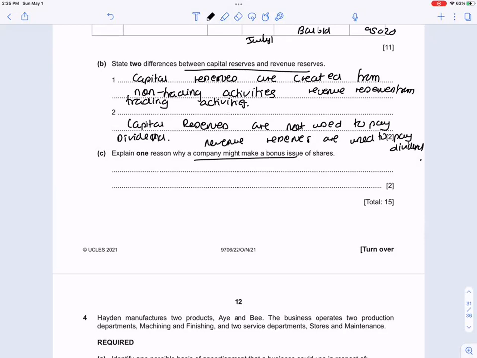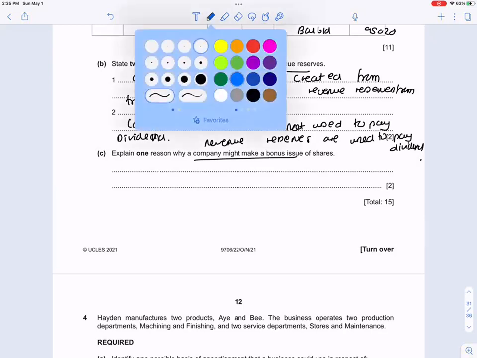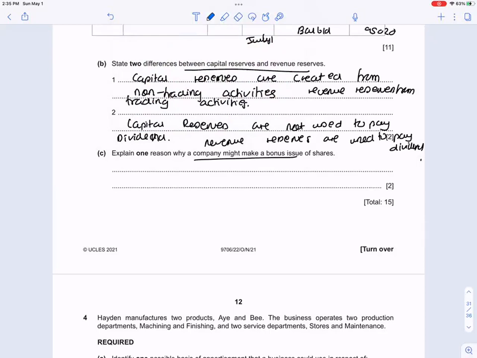To increase the issued share capital, which may create perception of success.